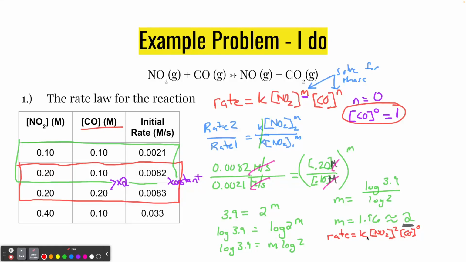So I can reduce my rate law to the rate equals the rate constant K times the concentration of NO2 raised to the second power. And that, folks, is the final answer of number 1. So number 1, the rate is equal to K times NO2 raised to the second power.